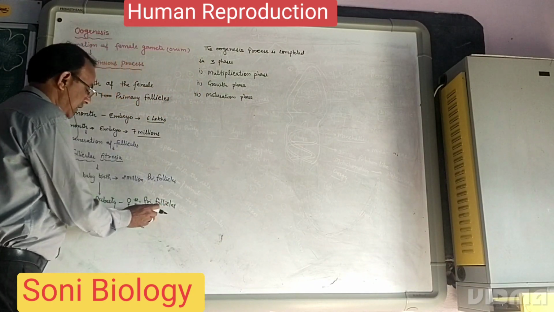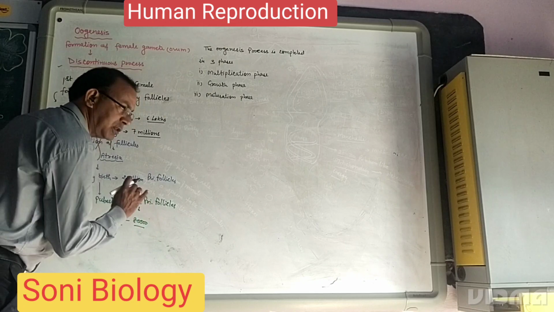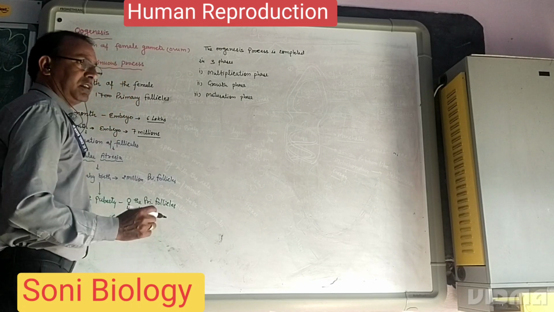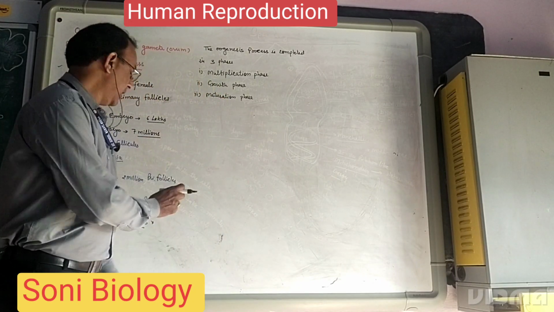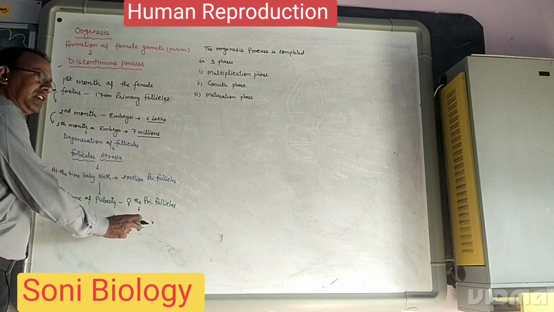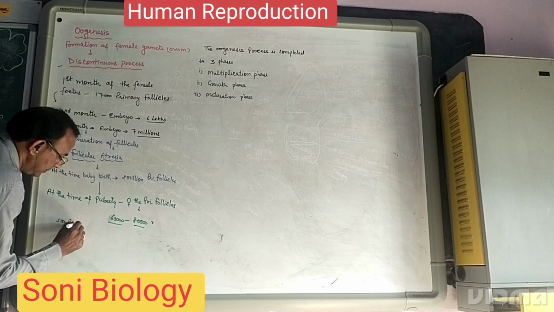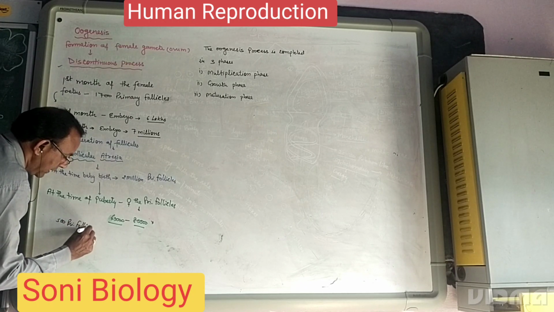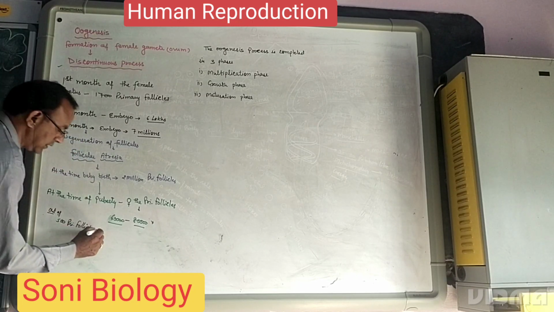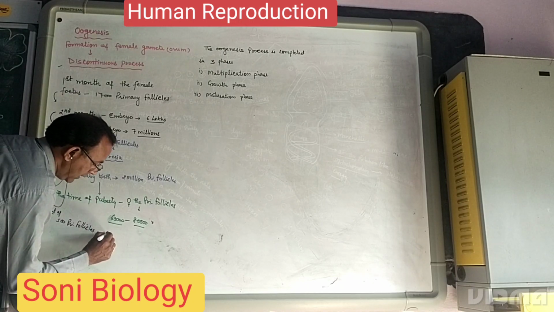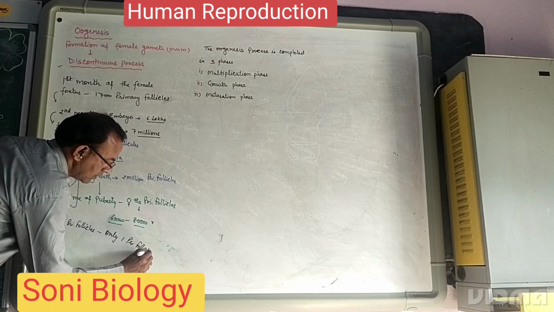One more thing which we have forgotten: at the time of puberty, there are 60,000 to 80,000 primary follicles present. Every month after puberty, the ovary releases an egg. So out of these 60 to 80,000 primary follicles, nearly 500 are used, and out of 500 primary follicles, only one primary follicle develops.